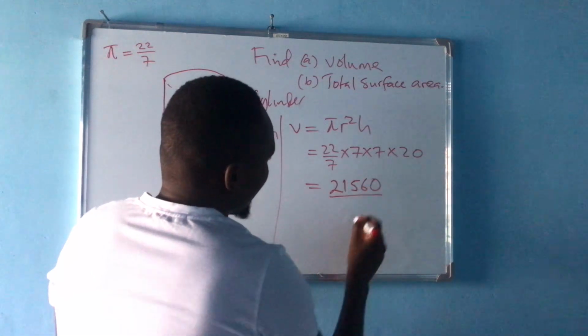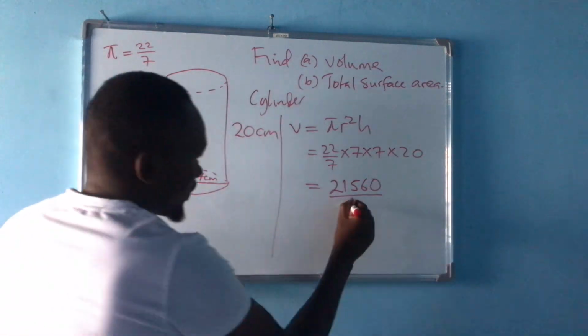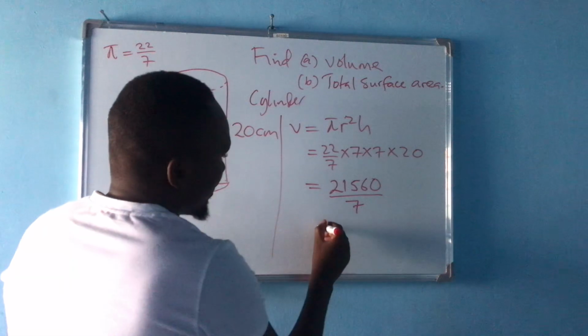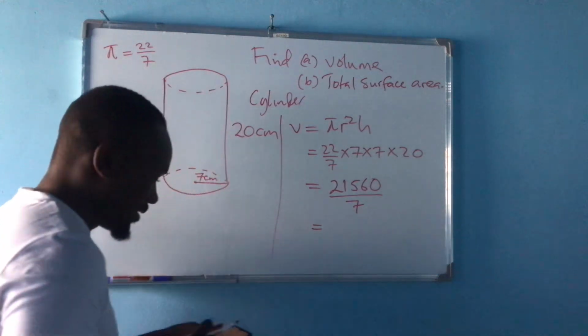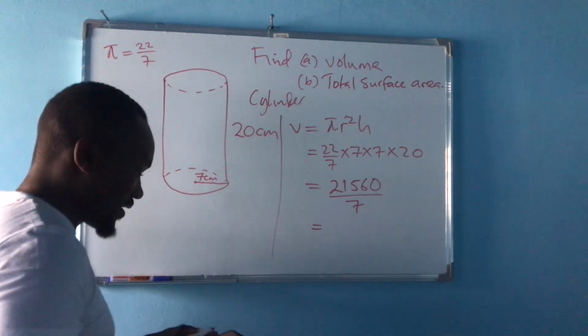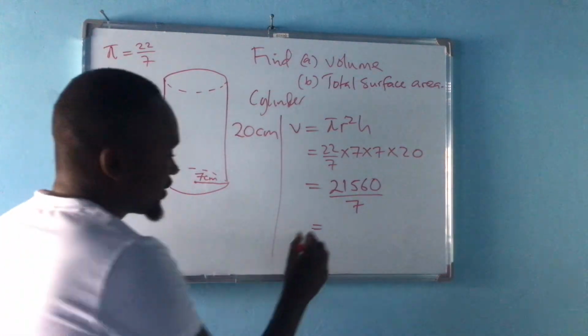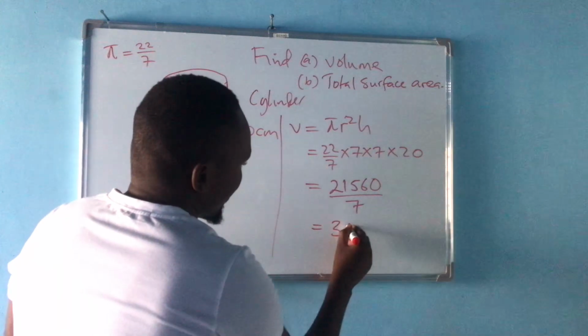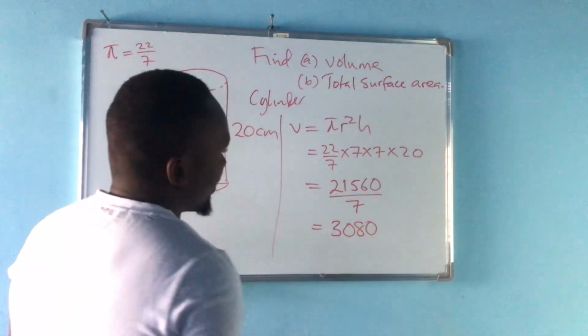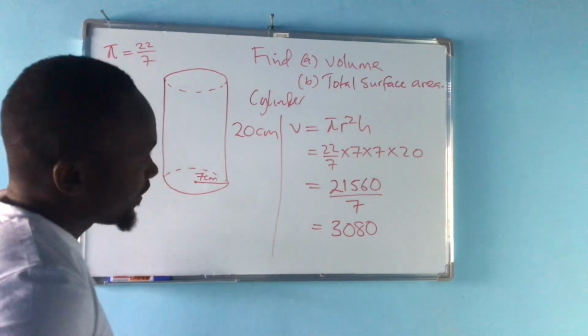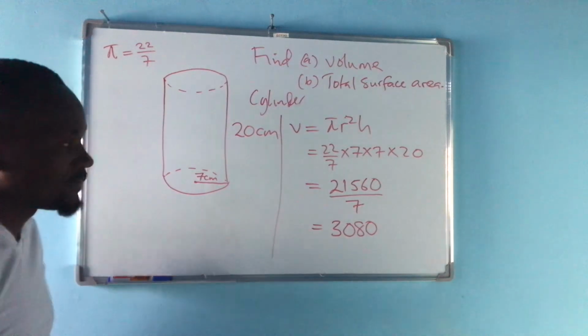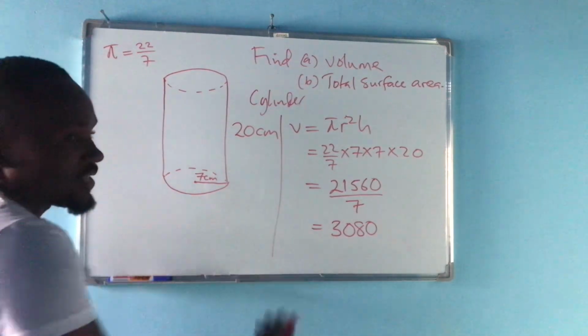Now I'm dividing this by 7, and we are going to get 3,080.